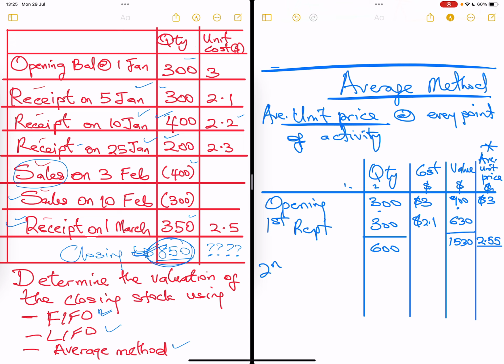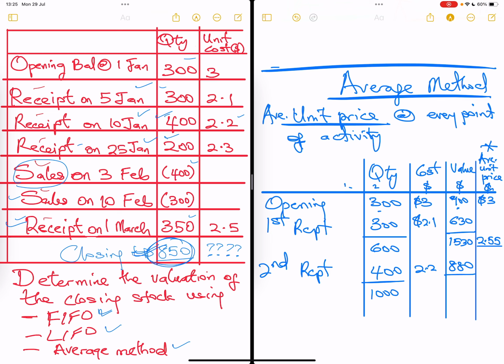We have another, second receipt. If you are selling before this second receipt, you'll be selling at 2.55. That is how the weighted average method works. Now, you are not selling, but rather you have another receipt of 400 units that you bought at 2.2, and the value is 880. So you close at 1,000 units.